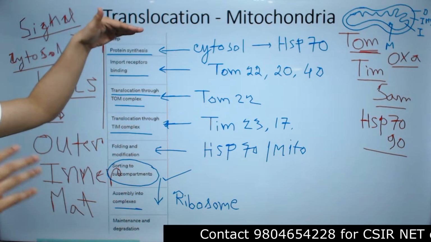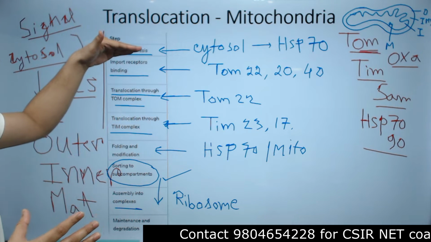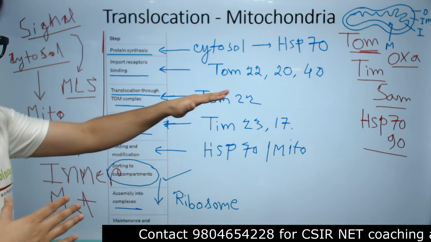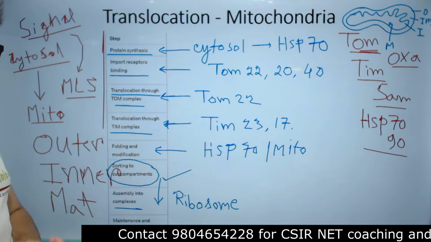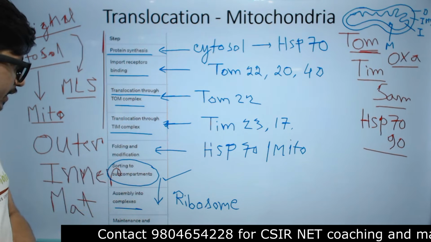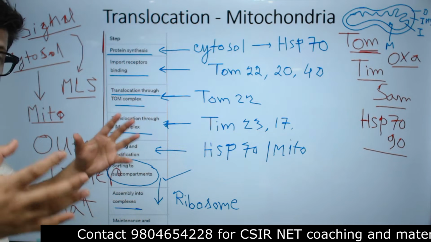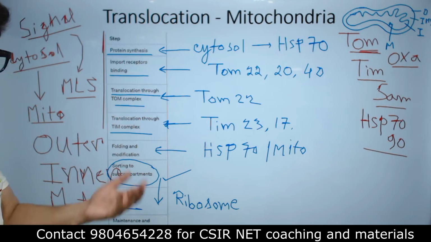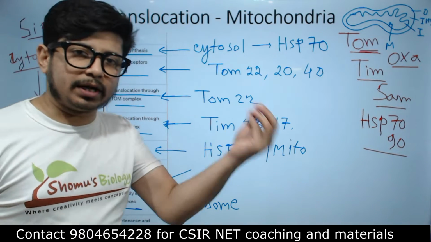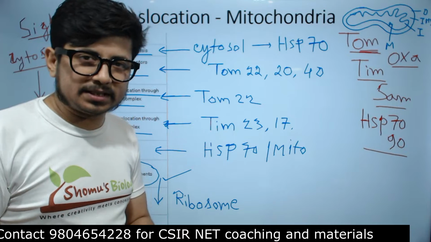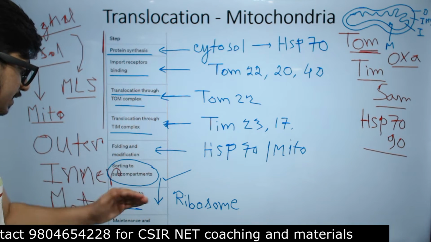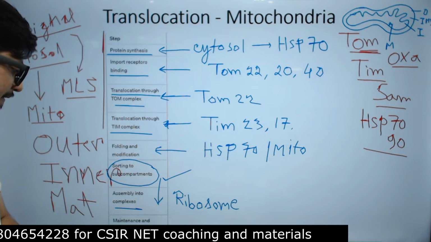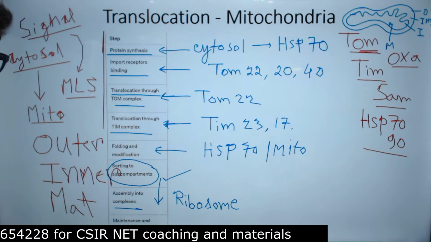It starts with protein synthesis in the cytosol, then import receptor binding, translocation through the TOM complex, the outer membrane complex, like TOM22, translocation through the TIM complex, the inner membrane complex, like TIM23, folding and modification in the mitochondrial matrix by HSP70, then sorting to subcompartments, like delivering it to the outer membrane, inner membrane, intermembrane space or matrix of the mitochondria, then assembly into complexes, in a few cases ribosome and ATP synthase, and then finally maintenance and degradation.